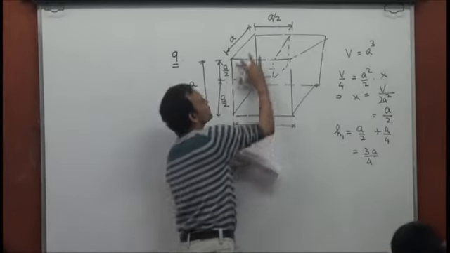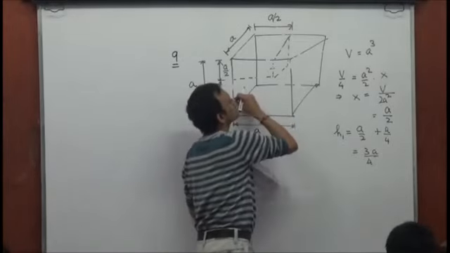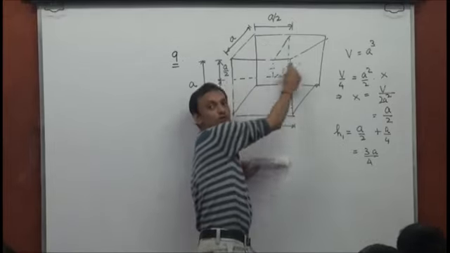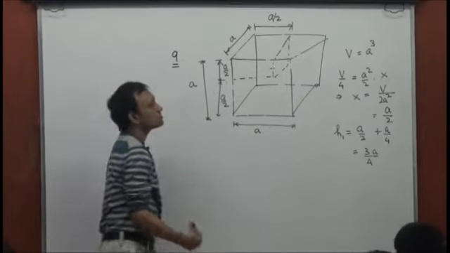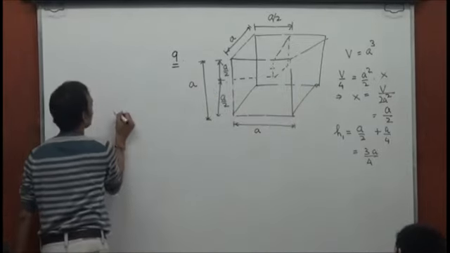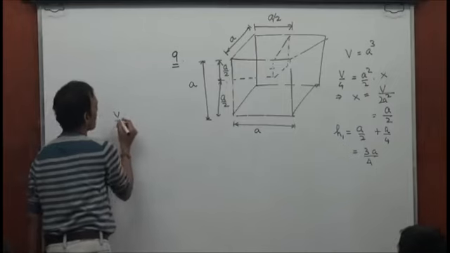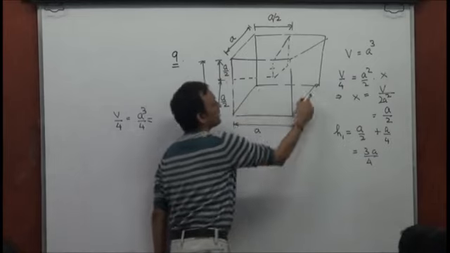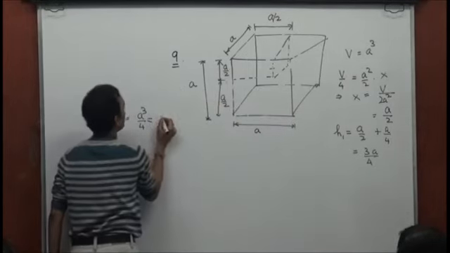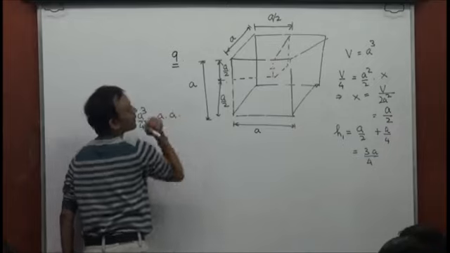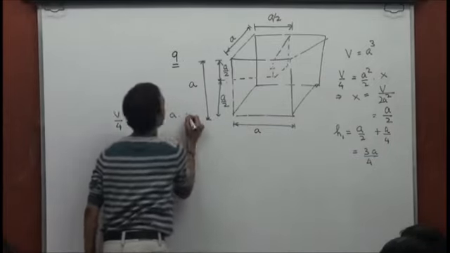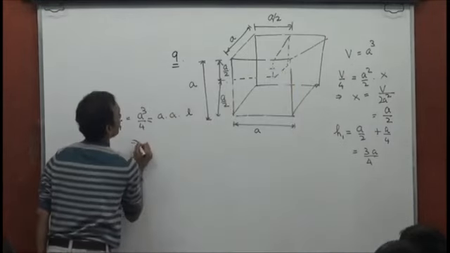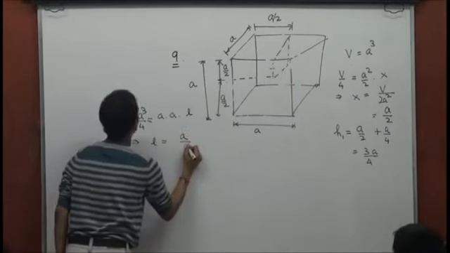Now, eventually, this melts here, perhaps there is ice, it melts and occupies this region. So the volume V by 4, which is a cubed by 4, now spreads over an area a by a and over a height L. So L becomes a by 4.